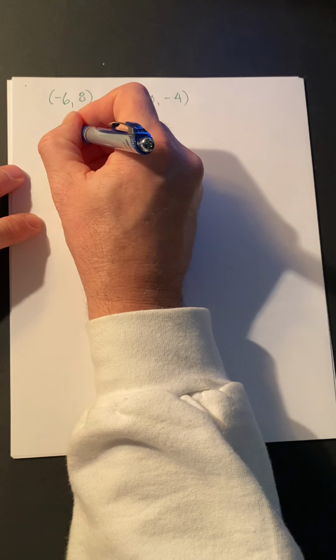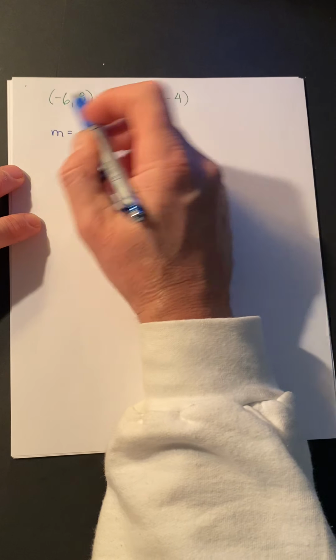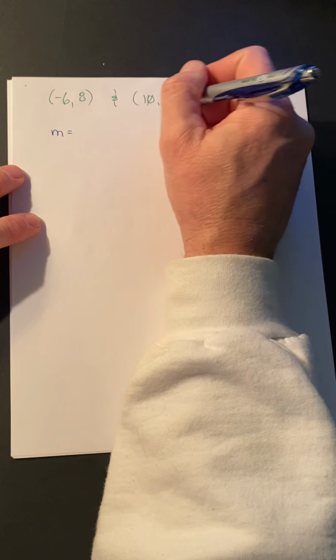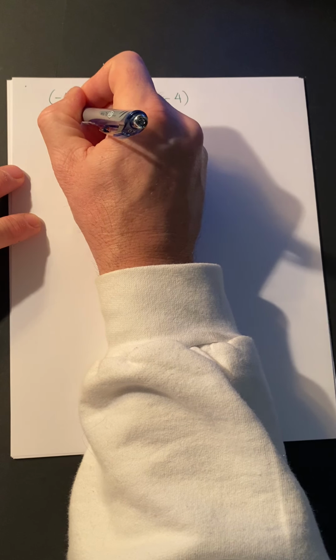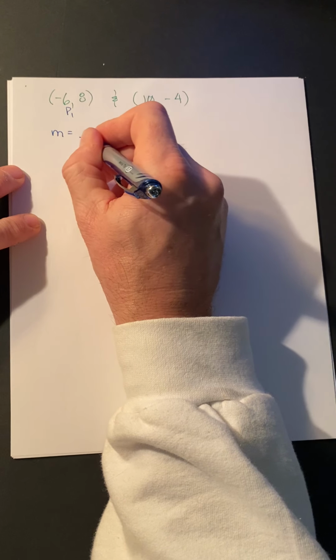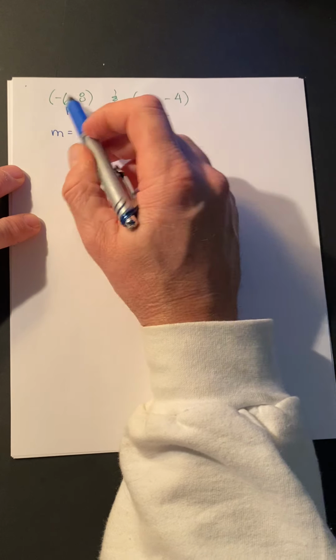So m is equal to, and again, remember, it doesn't matter which point I pick first, but just so I don't make a mistake, I'm going to call him point 2 and him point 1, because that's one of the most common things I see people intermix.